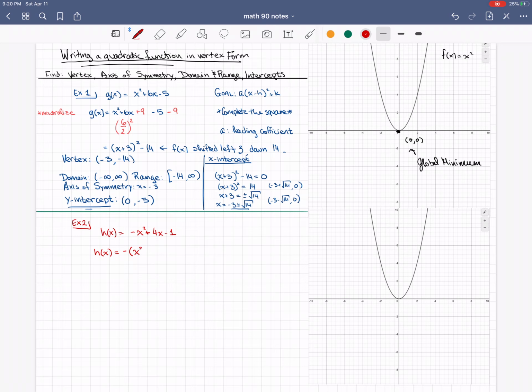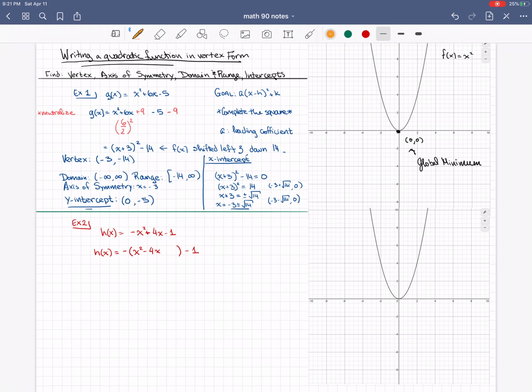Since I'm going to be completing a square, and since I only really do that on the first two terms, I'm only going to factor the negative out of the first two terms. And again, I'm going to leave a space there for completing the square. And then I'm going to write the -1. I didn't factor a negative out of it. I only factored it out of the first two. So it stays -1.